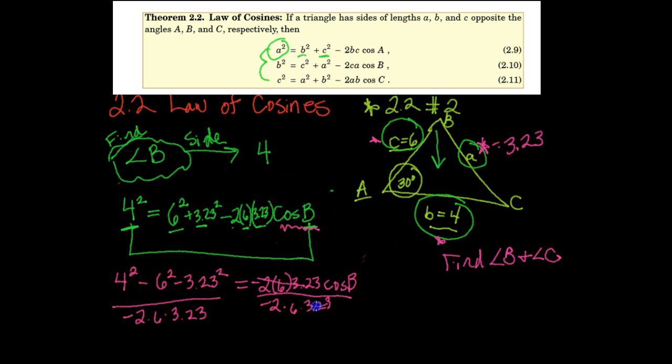Those cancel, those cancel. Now you're left with cosine B equaling all of this stuff. I don't even think I'm going to write it again so you guys see the point. Now we're just going to put that into our calculator, okay? So I can do that. So this stuff here.